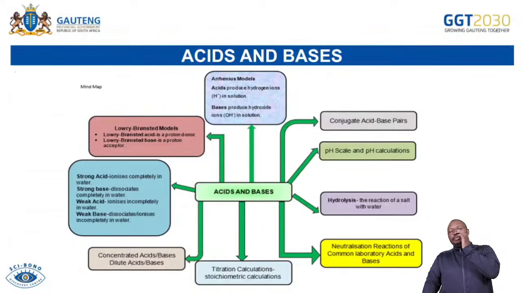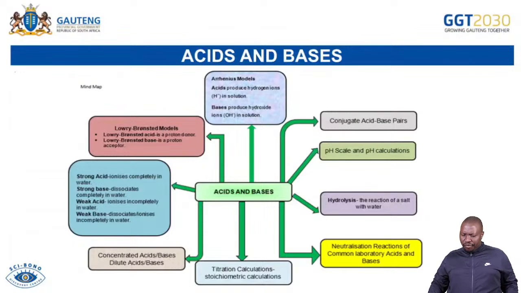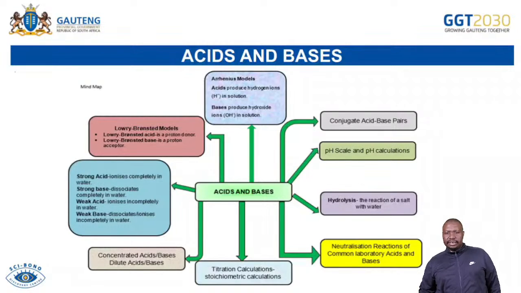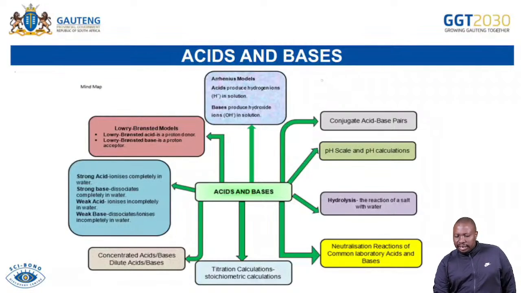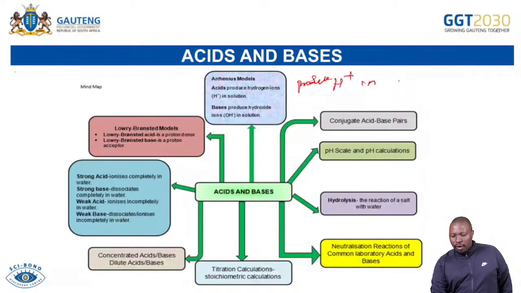For acids and bases, our main focus is that we define acids according to Lowry-Bronsted, and we define them according to Arrhenius. Remember, Arrhenius said acids are substances that produce hydrogen ion in aqueous solution, and a base produces hydroxide ion, OH-, in aqueous solution.